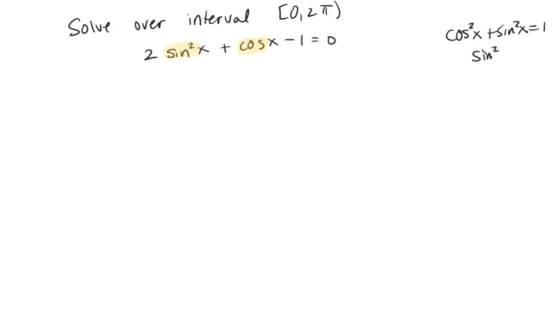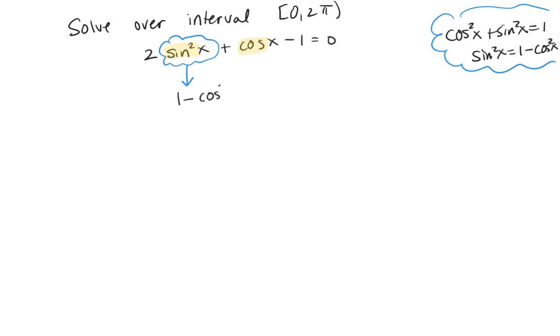If we subtract cosine squared from both sides, sine squared x is equal to 1 minus cosine squared x. So we're going to use that Pythagorean identity and replace our sine squared x with 1 minus cosine squared x. Okay, I'm just going to copy the rest of the equation down.